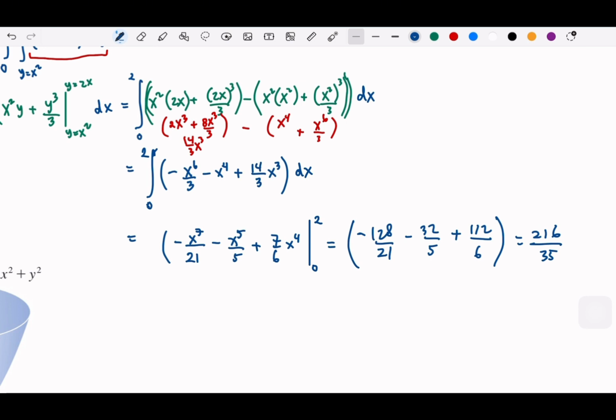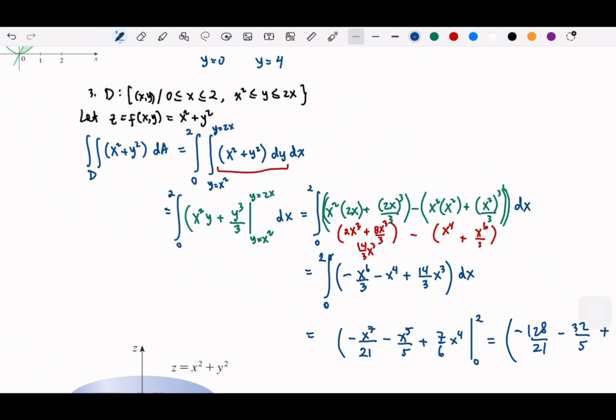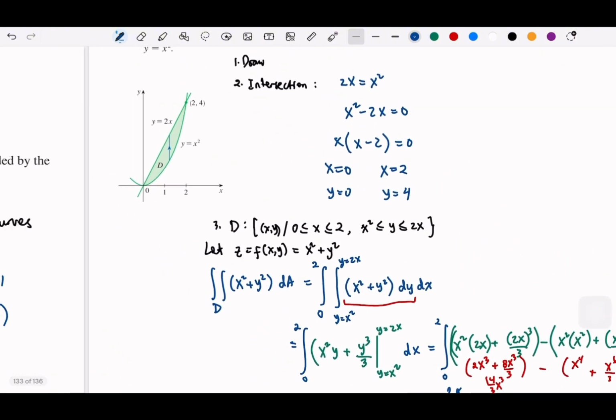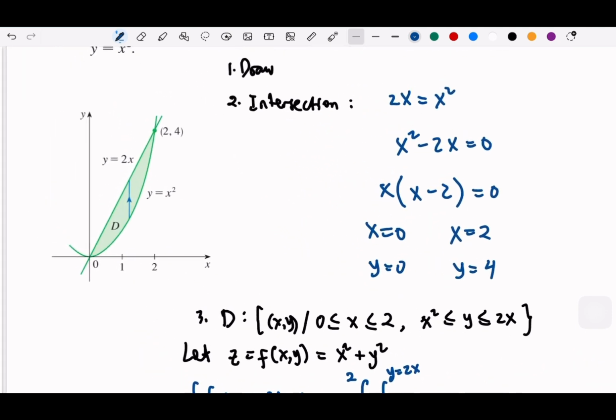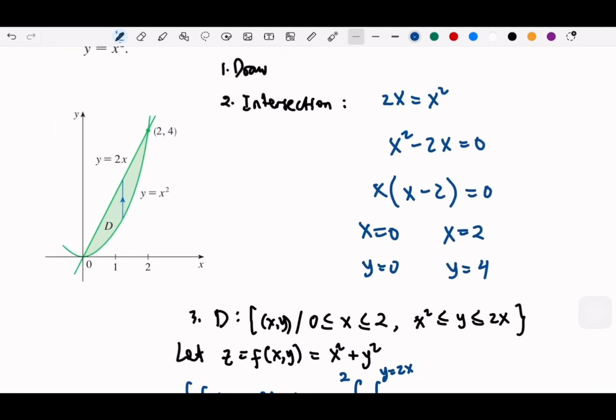Okay, now in the other perspective, let me go back to the original question here. In the other perspective, this is if we see y equal x, right? In terms of function of x. We could also convert this in terms of function of y.